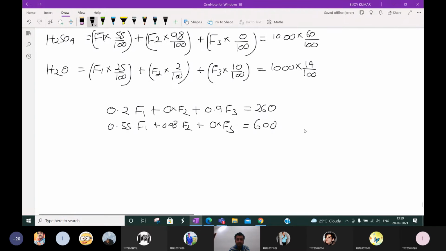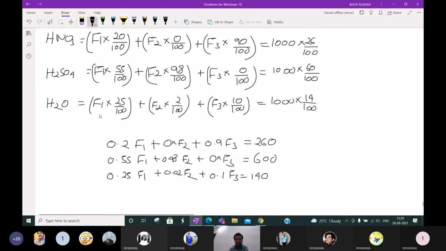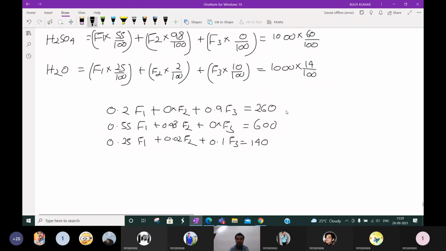Then the third line: 0.25 F1 plus 0.02 F2 plus 0.1 F3 is equal to 140. I simplified all three component balances into one-line equations. The overall material balance we got is F1 plus F2 plus F3 is equal to 1000. Simple.